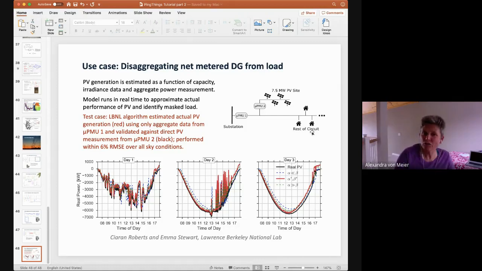And they can't do it if the solar is behind the meter and there's no telemetry. So applications like this have a pretty high value for system operators to be able to estimate at any given moment how much solar is being injected behind the meter where we can't see it explicitly. And that is my last slide.